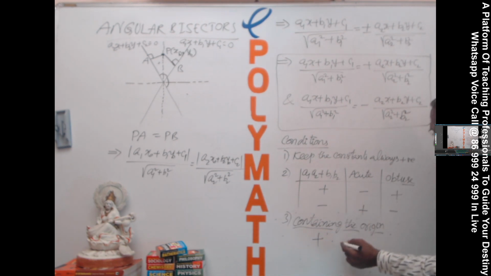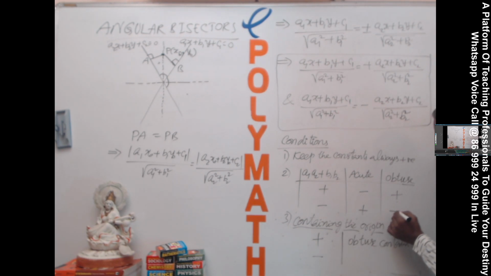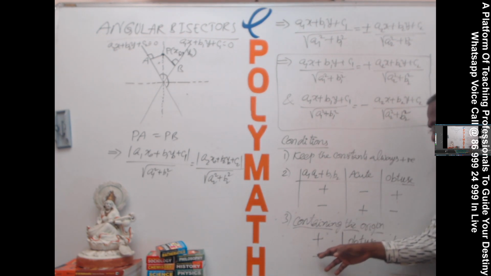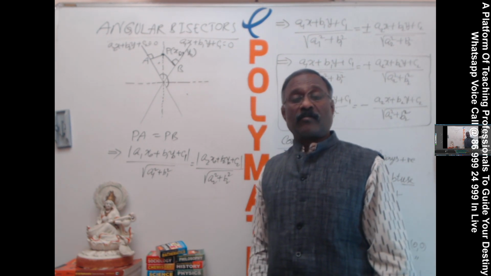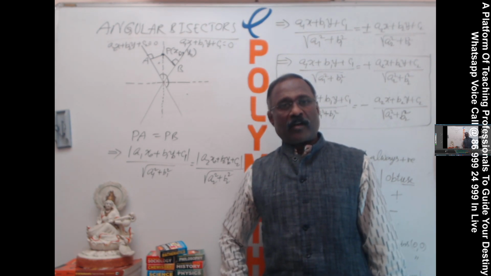If we get this plus here, then for the obtuse angle, whatever the sign is there, you will get the same. Plus, obtuse contains the origin. If we get minus here, then you will get obtuse contains the origin. That means whatever the sign you get, you will get the same for the angular bisector which contains the origin. Okay, this is what you have to understand.